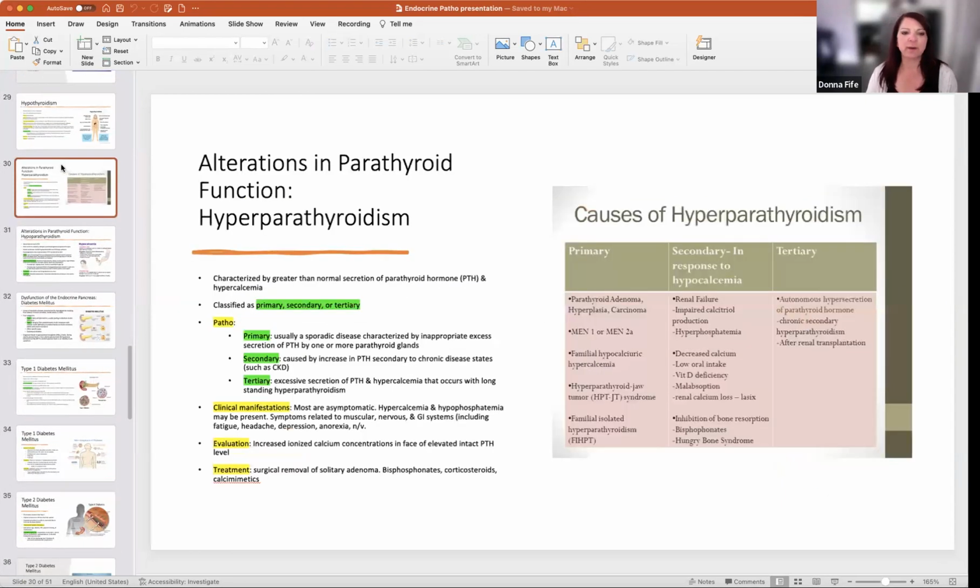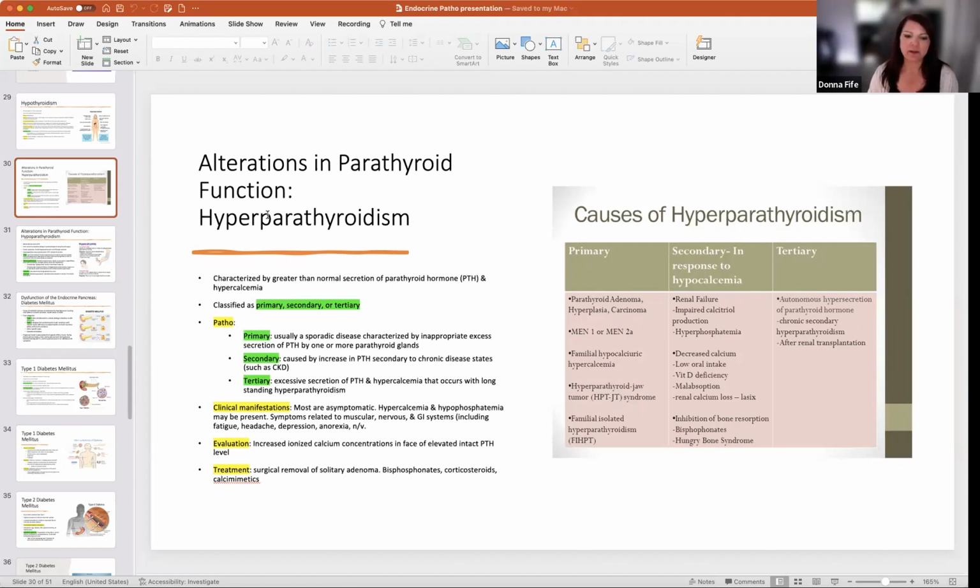Okay, alterations in parathyroid function, or hyperparathyroidism. This is characterized by greater than normal secretion of parathyroid hormone and hypercalcemia. This is classified as primary, secondary, or tertiary. Pathophysiology: primary is usually a sporadic disease characterized by inappropriate excess secretion of PTH by one or more of the parathyroid glands.